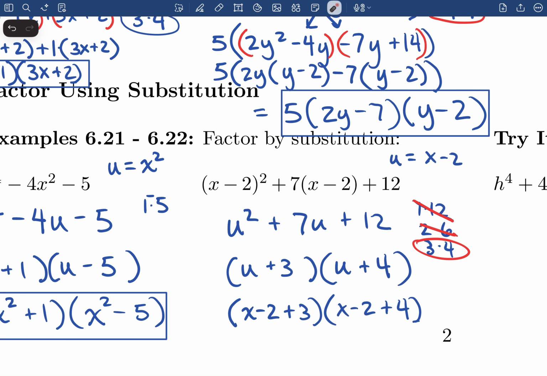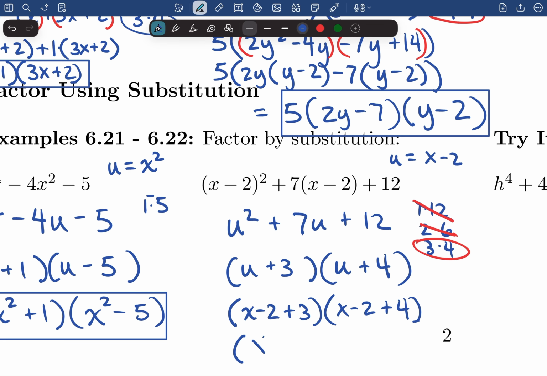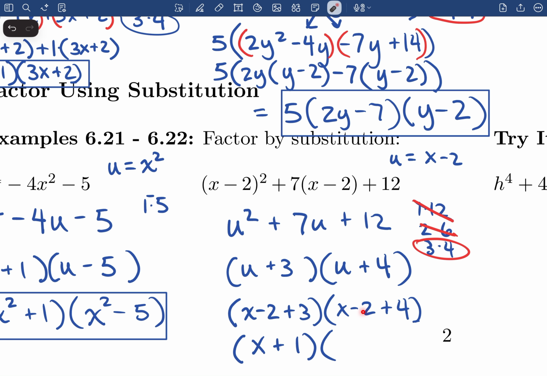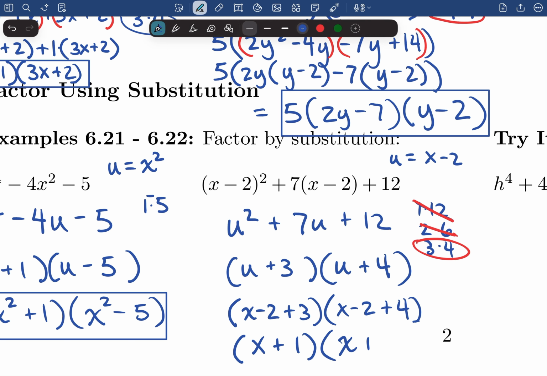And then I have the x minus 2, but it was plus 4. And so I can simplify this a little further because negative 2 plus 3 is 1. So in this binomial, I get x plus 1. And then negative 2 plus 4 is positive 2. So in this binomial, I get x plus 2. And I have now completed my factoring all the way.